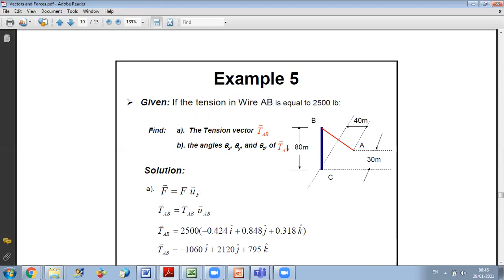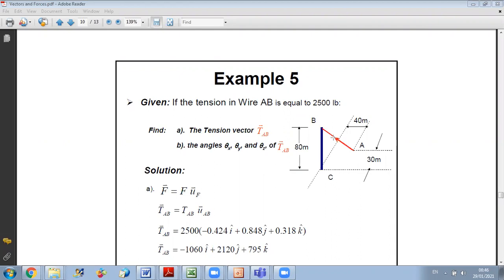You will need to find the unit vector AB because we have a force TAB. The tension in the wire is equal in magnitude to 2500 lb.